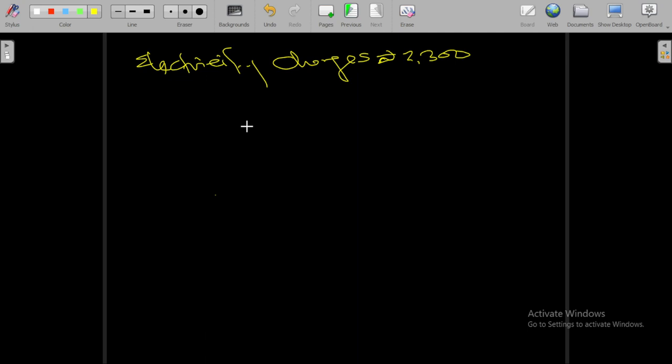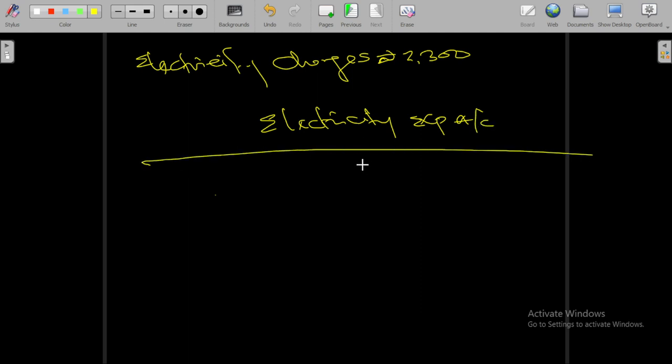So now I said every credit entry must have a debit entry. So first of all, we have to have an electricity expense account. This is our credit, this is our debit. Then we must have another account.